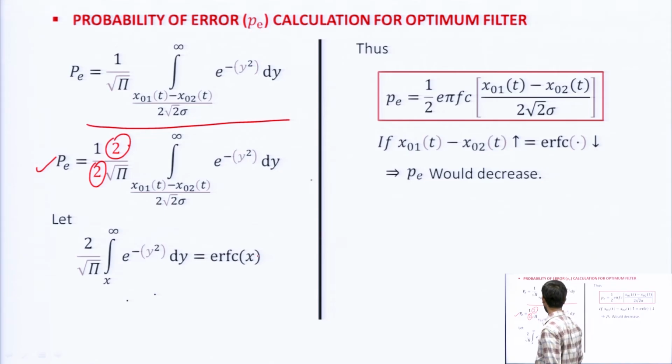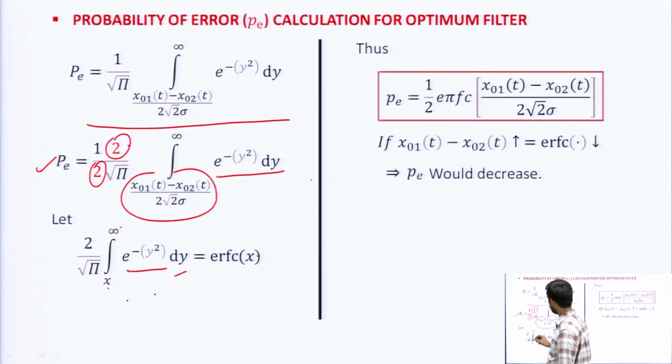Because I know erfc is nothing but 2 by root pi integration from x to infinity of e to the minus y square dy. This one is the same, but instead of x I have this much, and I don't have 2 by root pi. So to make it like this equation, I have divided by 2 and multiplied by 2.